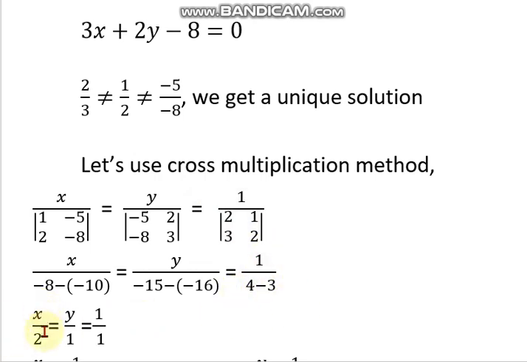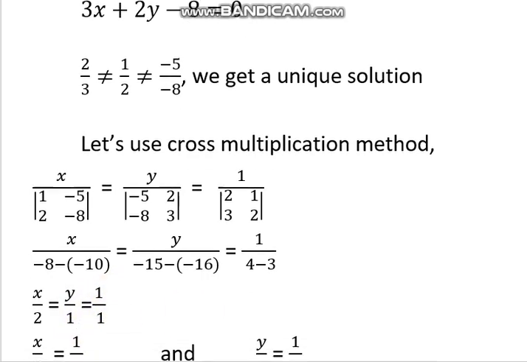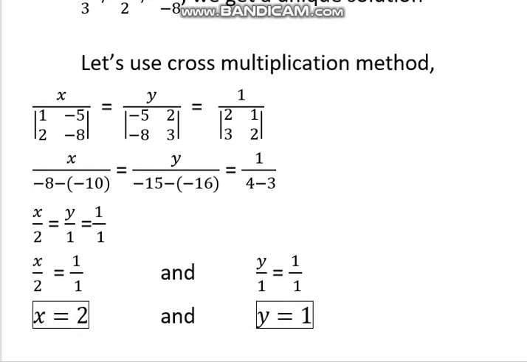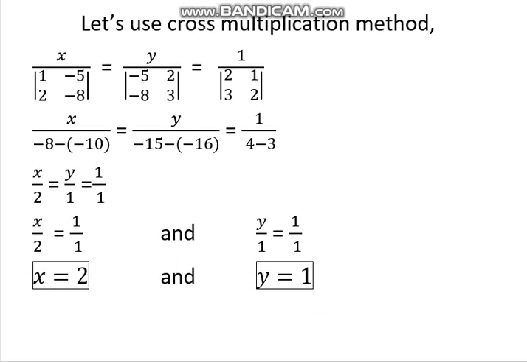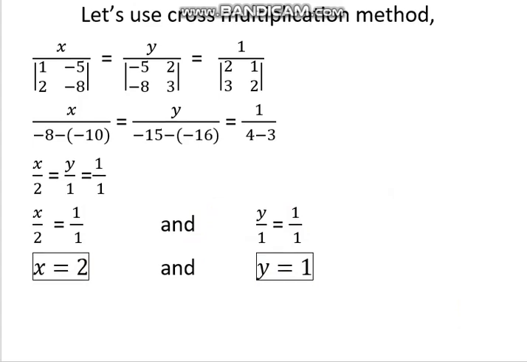So we will have here x upon 2 is equal to y upon 1 is equal to 1 upon 1. Now we will compare the ratio x upon 2 with the constant and y upon 1 with the constant. So we will have x upon 2 equals 1, y upon 1 is equal to 1. Therefore x is equal to 2 and y is equal to 1.